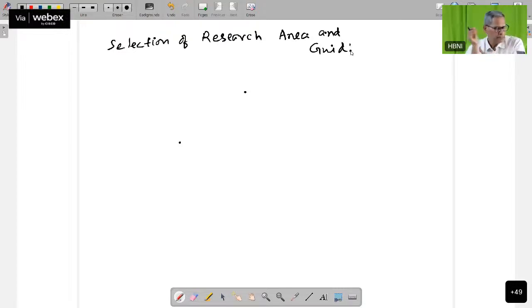How do you do that? You need a guide for research in the area you want to work. It is very important you select your guide appropriately, because you must have a mental compatibility with the person with whom you are going to do research.